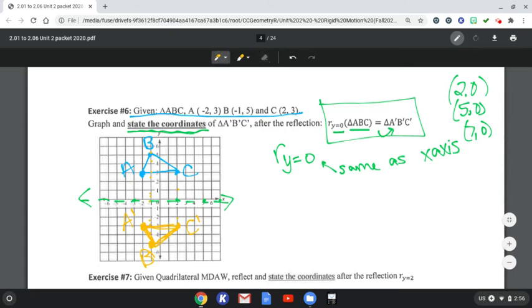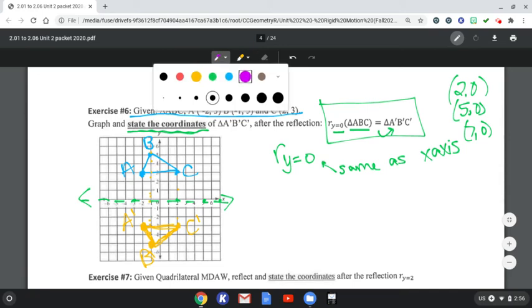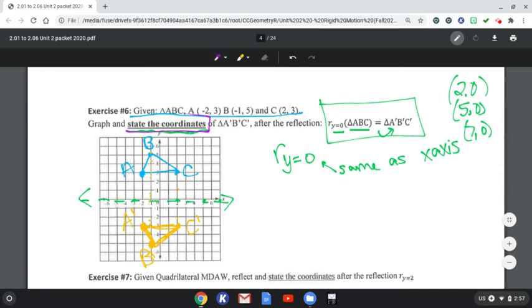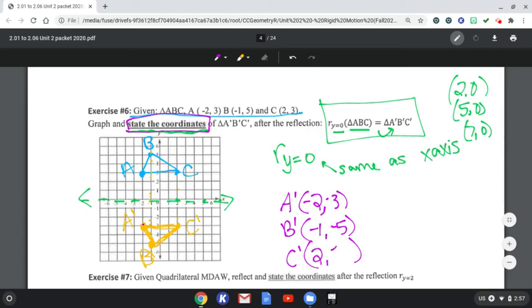All right. And lastly, to reread the question, we want to state the coordinates of A prime, B prime, C prime. So I need the coordinates of A prime, B prime, and C prime. So reading those from the graph, A is to the left 2, down 3. B is to the left 1, down 5. And C is to the right 2, down 3.